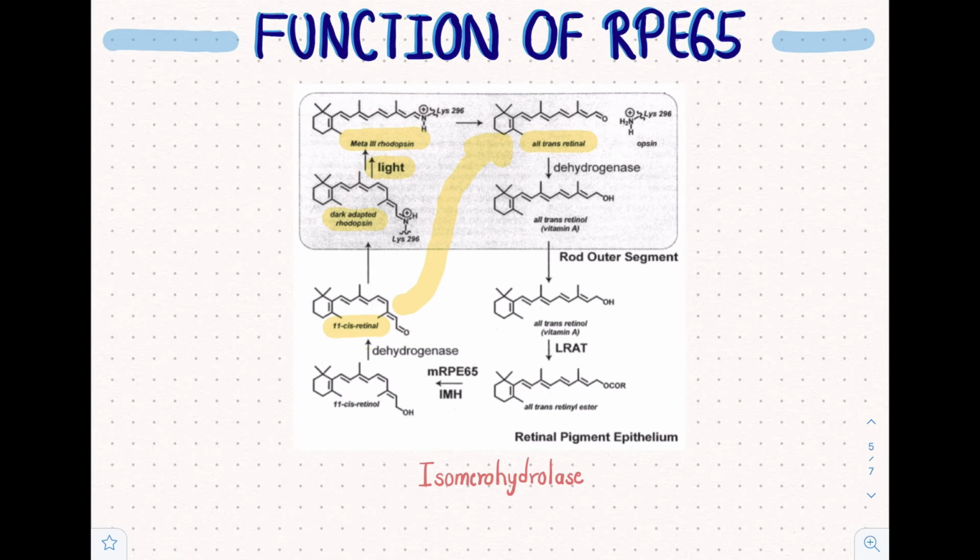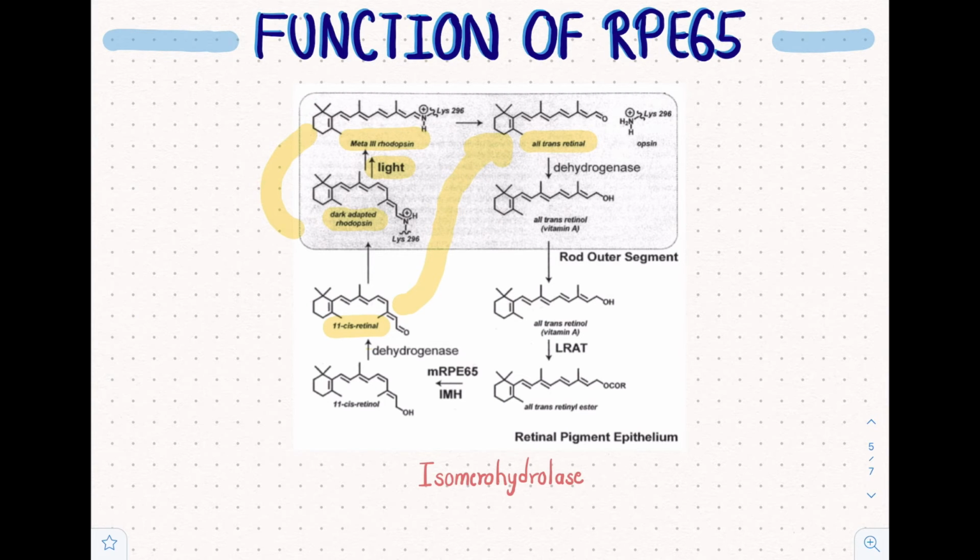Now, this activation event is the event that converts that light signal coming into the retina into a neural signal which can be sent to the brain. So you can imagine this is a very important event. Now let's focus on the byproduct, which was the all-trans retinol.